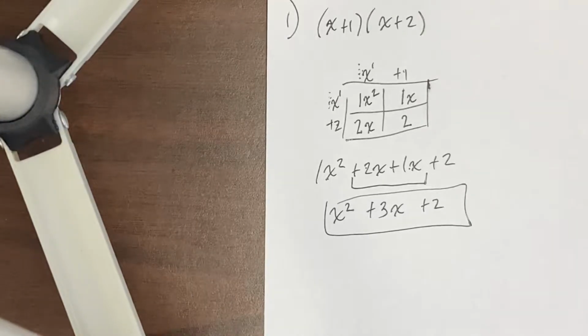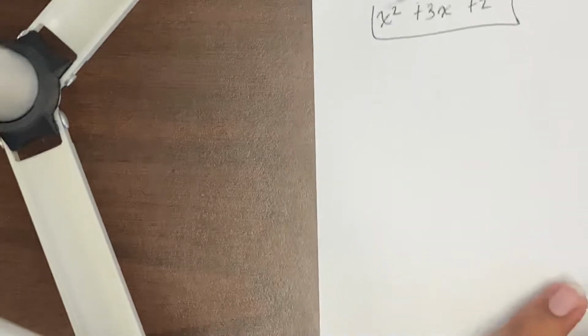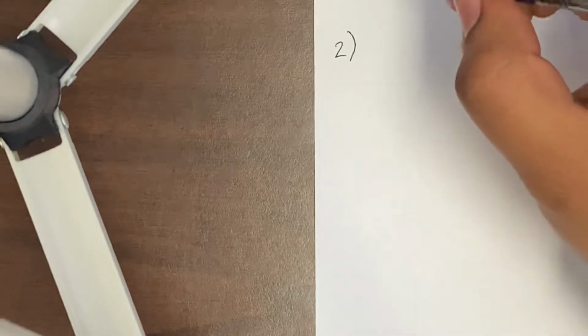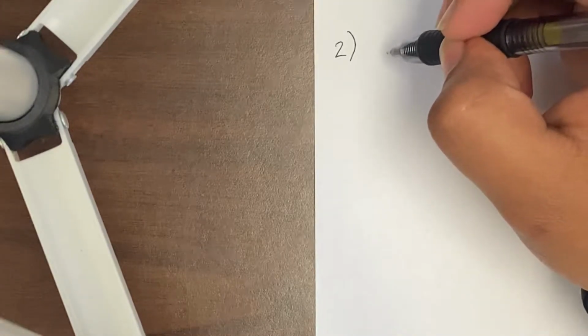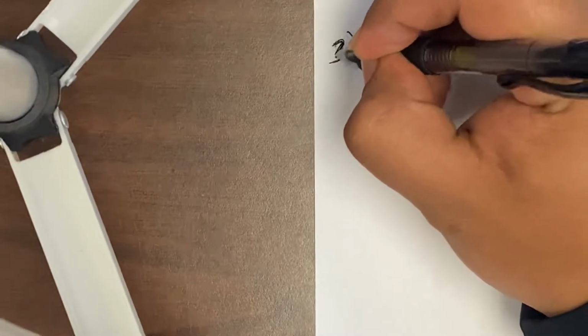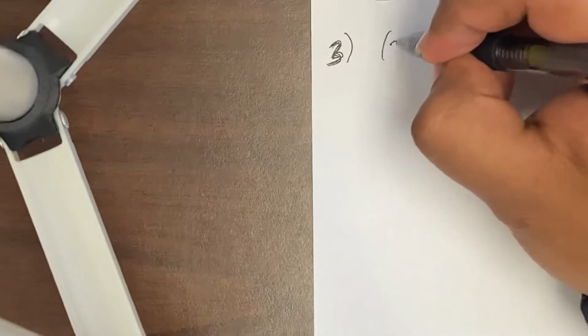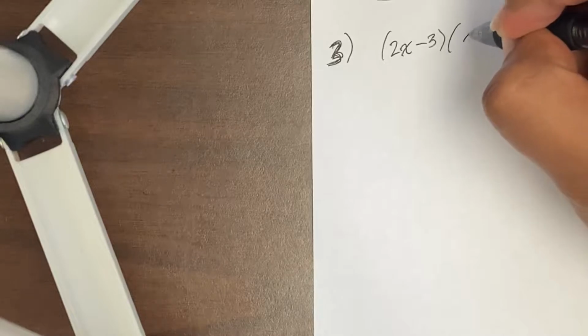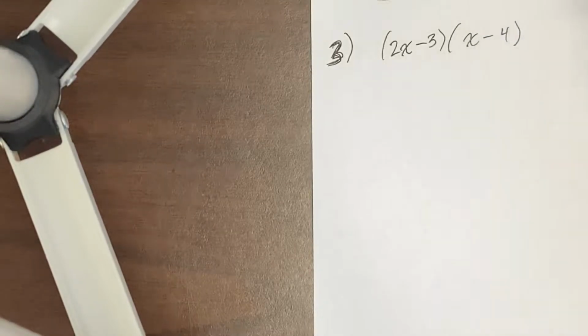Gonna do number 2. Right underneath it. Number 2 in your book or your worksheet. You know what, let's make it interesting. Let's do number 3. Let's do number 3 instead. 2x minus 3, x minus 4.